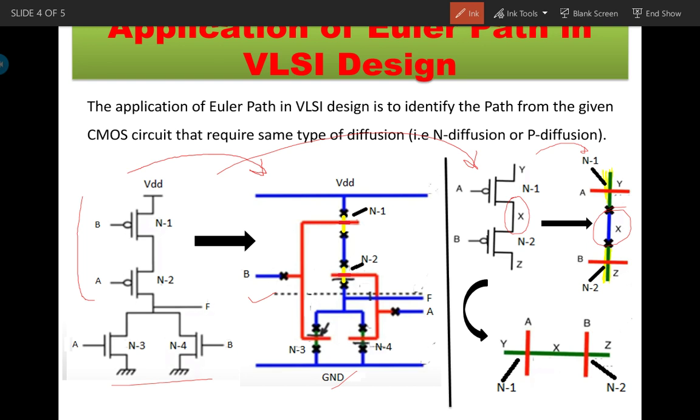The purpose of the layout design engineer is to make a design that requires minimum area on the wafer, so that the circuitry requires minimum area. The second aim is to minimize the power dissipation. So that is interrelated.